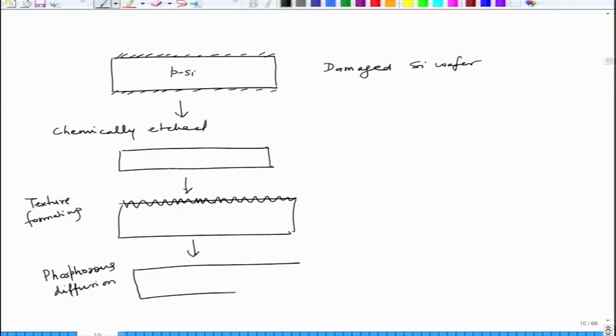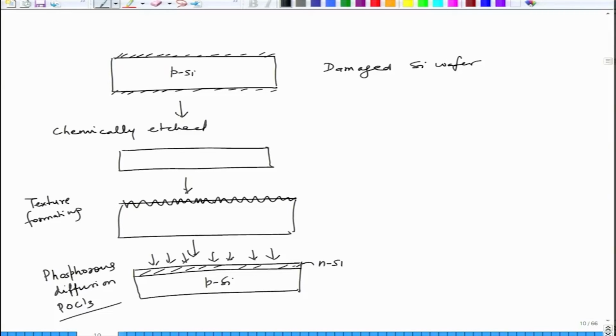This is P type to begin with, and the phosphorus comes from the top. Gases containing phosphorus, for example POCl3, come from the top and phosphorus will diffuse. So this region will make N silicon, and this will remain as P silicon.